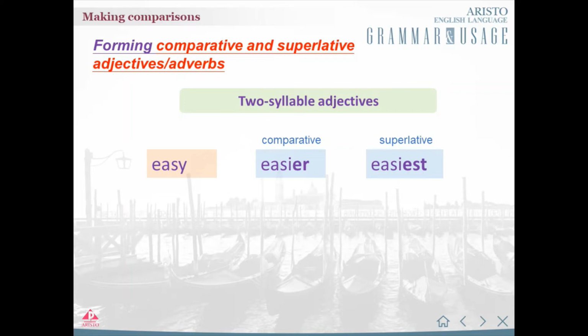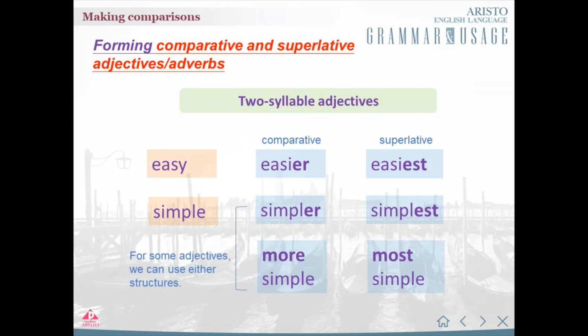The adjective easy ends in y, so it becomes easier when used as a comparative, and easiest when used as a superlative. Now let's look at the adjective simple. We can add the suffixes er and est to make the comparative and superlative forms, or we can add more and most before it.